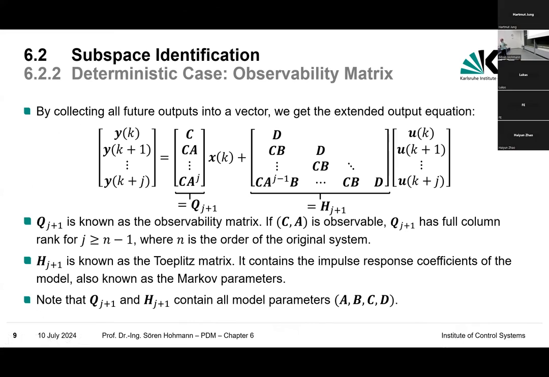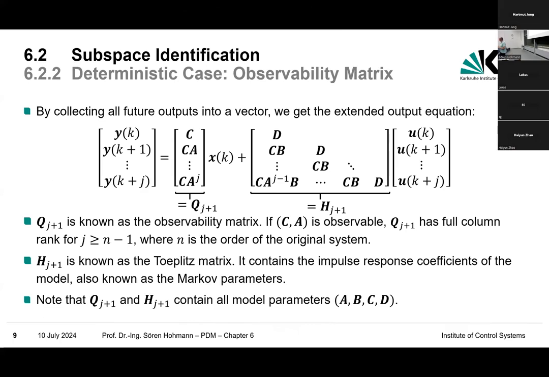The matrices are nice, but we are looking for A, B, C, D, and not for the matrices. And there is the intermediate step. First step, try to discover Q and H. Second step, if you have Q and H, try to calculate C, A, B, D. First step seems simple. Second step seems complicated.